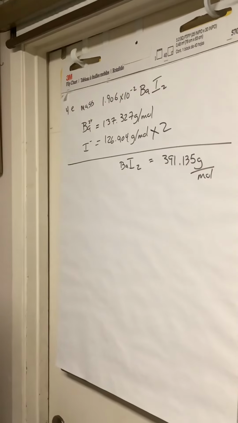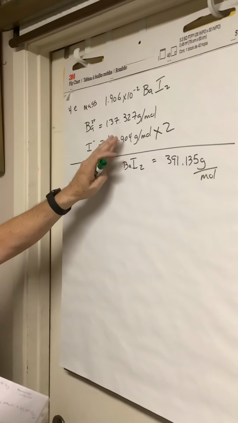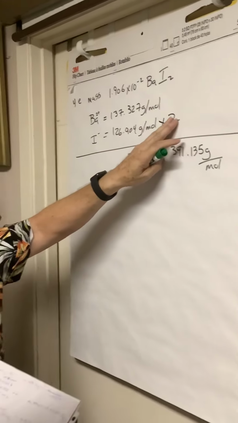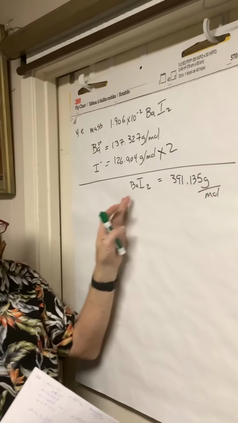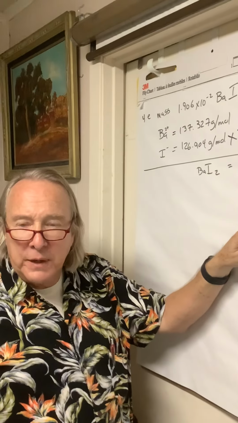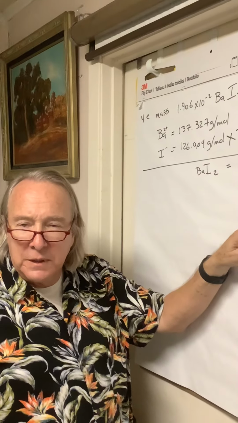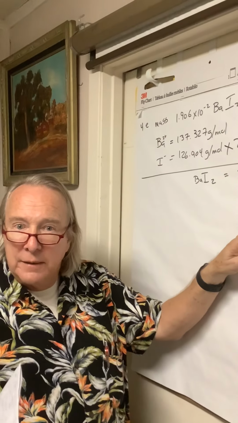Now let me tell you, this wasn't too bad because I can get on my calculator, punch these numbers in, multiply this times 2, add it to that, add up the masses of all the atoms in this compound, and get my compound. But if you have a more complex compound, as we might work with in the next couple problems, it takes a while to do that.